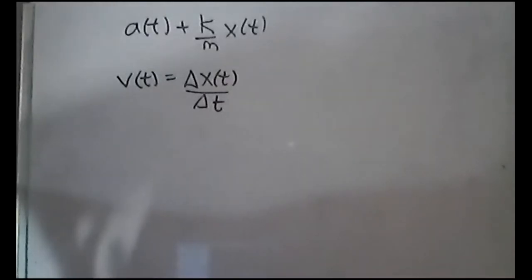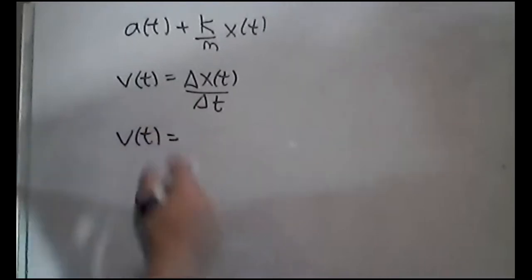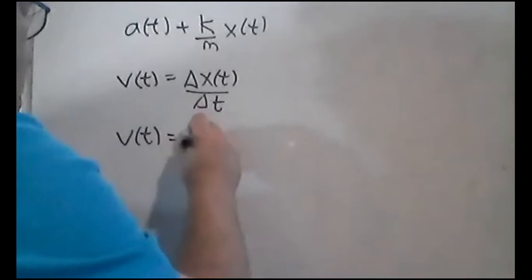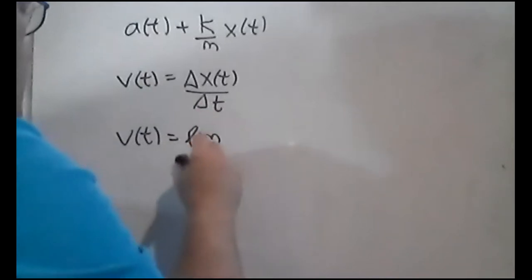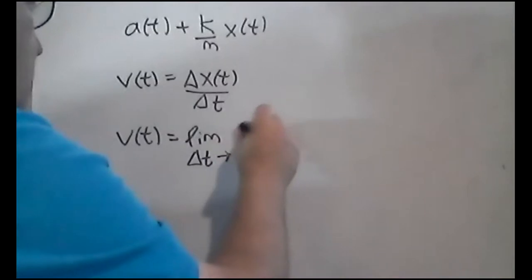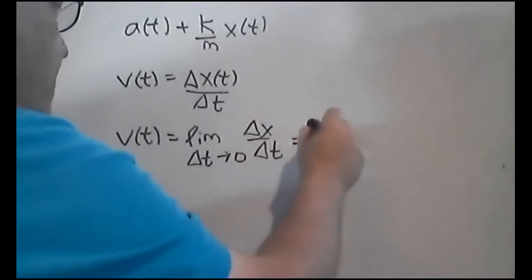But I remember that's not the instantaneous form of the velocity. I have to speak calculus to do things right. I have to consider smaller and smaller intervals of time. I have to do what's called a limit as delta t approaches 0 of delta x over delta t. And that gives me what is called dx dt.